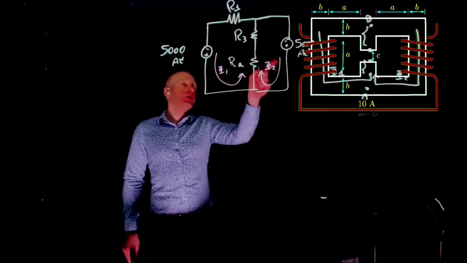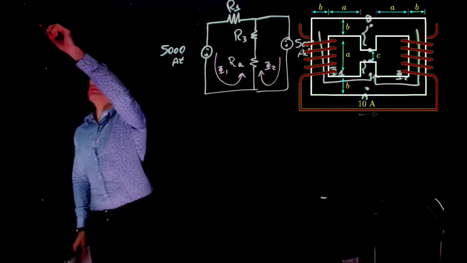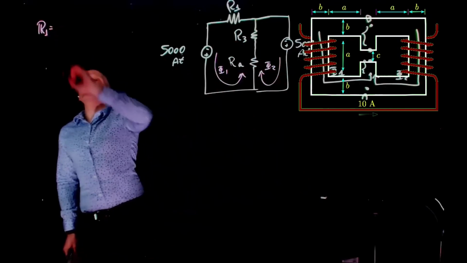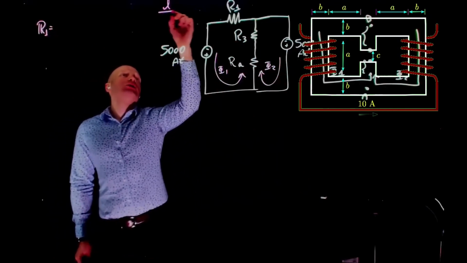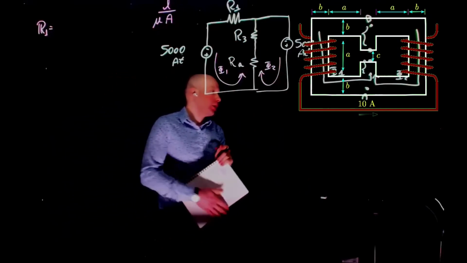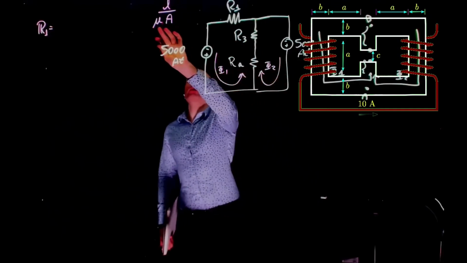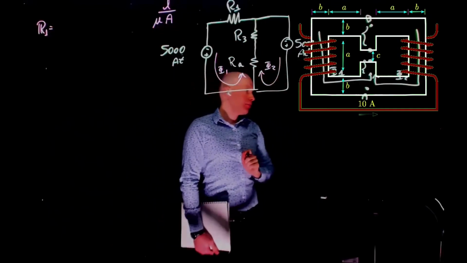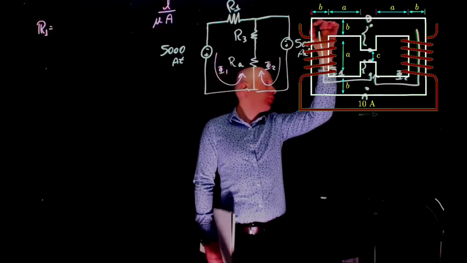Now we need to calculate these reluctances. Let's start with reluctance 1. Let me write the expression for the reluctance: L over mu times A. L is the path it crosses, mu is the permeability, and A is the cross-section. Where is the cross-section? The cross-section would be the same as before.